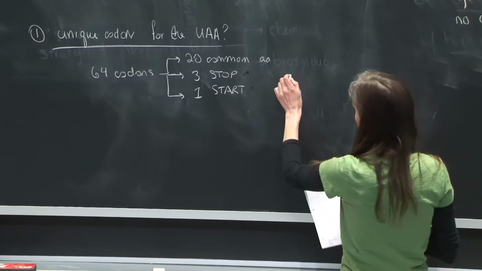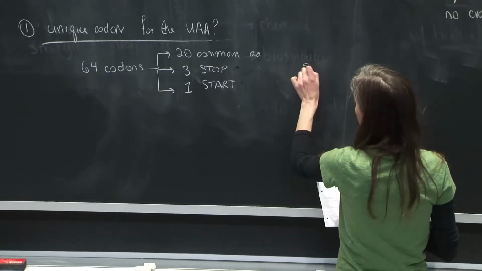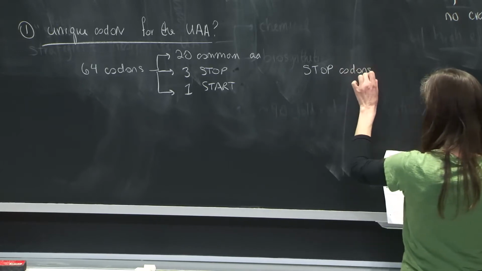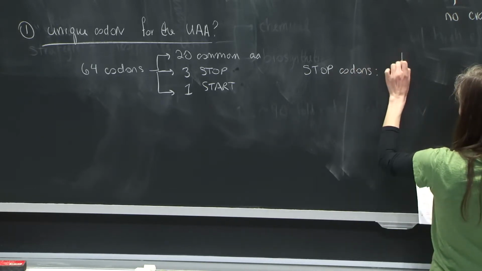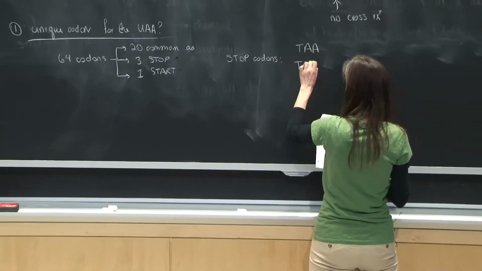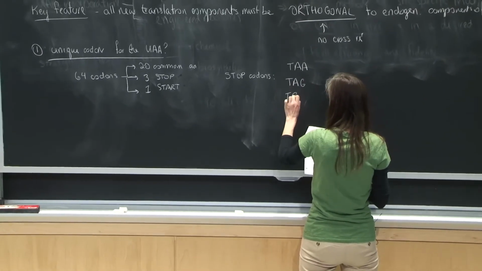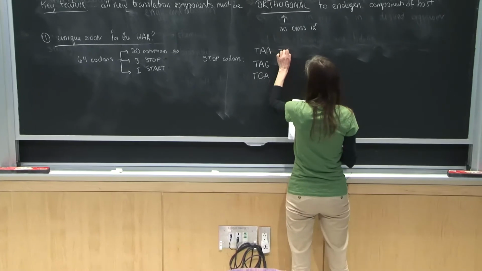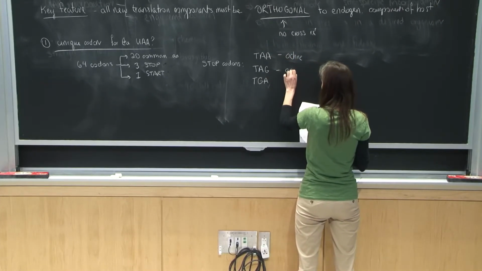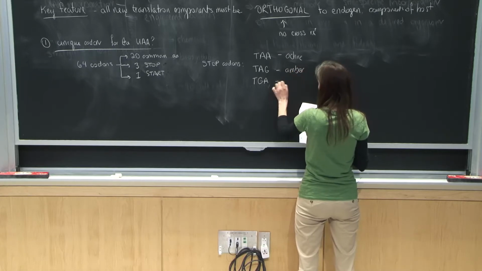And so in terms of these stop codons, we have TAA, TAG, and TGA. And these all have names: ochre, amber, and opal.